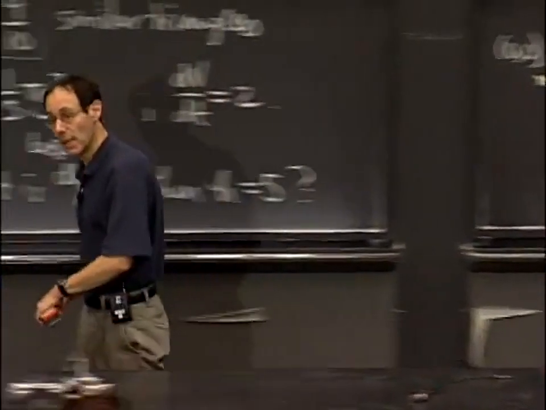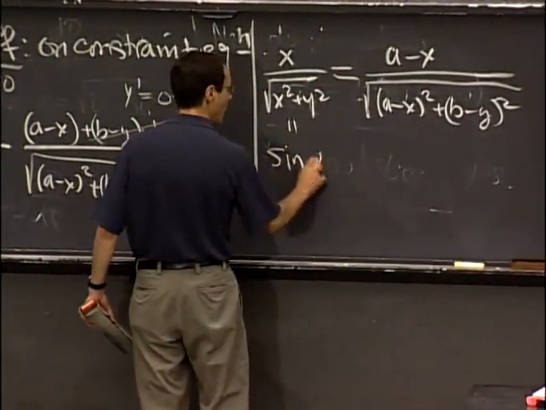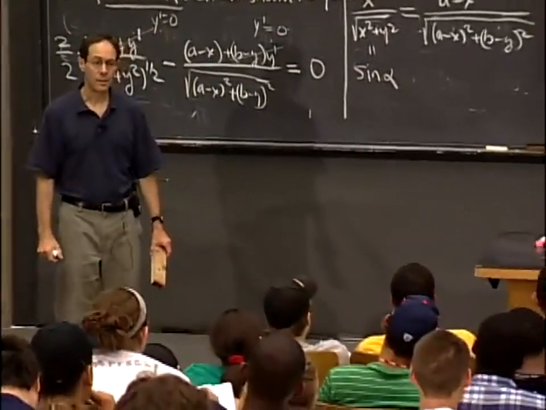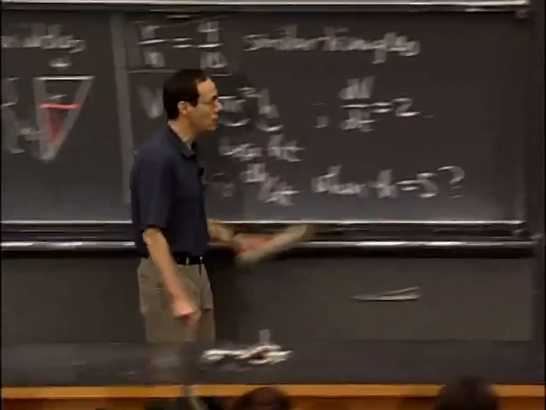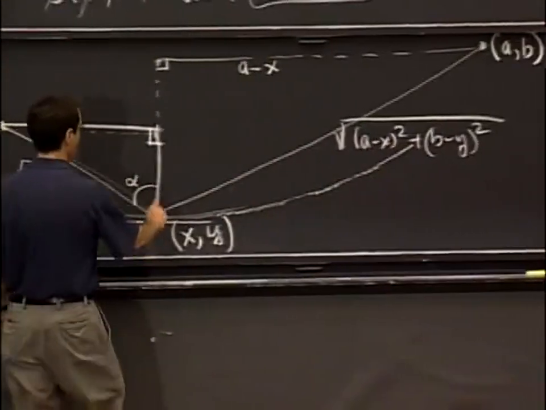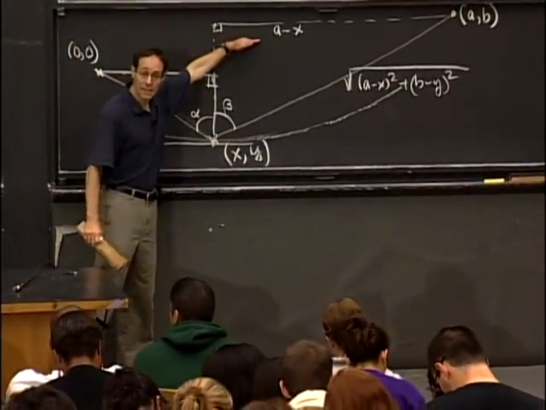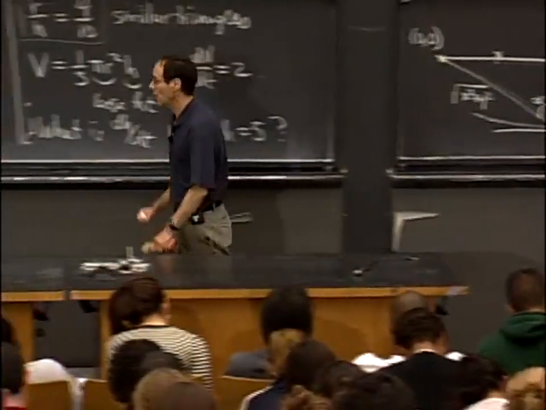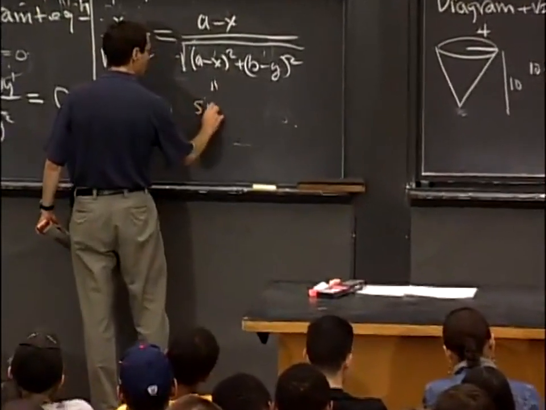It's a right triangle. That's the opposite leg. So this guy is the sine of alpha. Similarly, the other side has an interpretation for the other right triangle. If this angle is beta, then the opposite side is a minus x, and the hypotenuse is what was in the denominator over there. So this side is sine of beta.